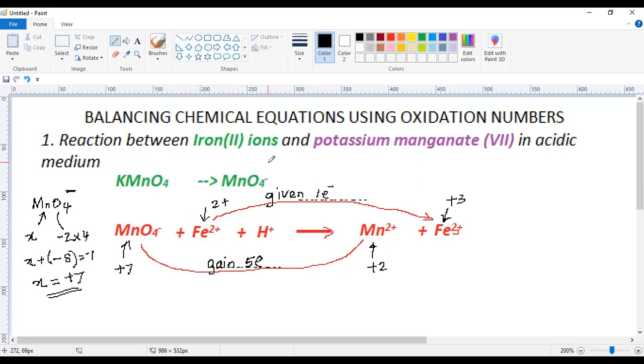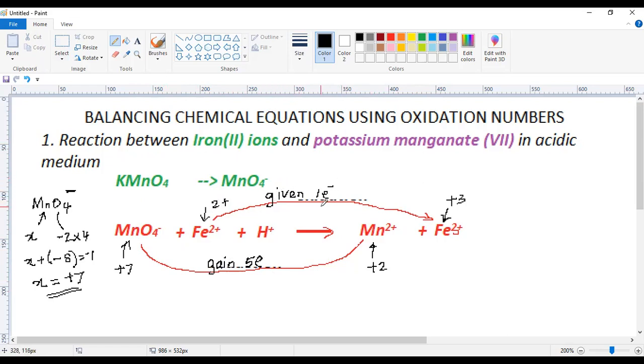So I modify this reaction a little bit to make the electron number taken and given equal. Because this one gains, MnO4 minus moving to Mn2 plus, gain 5 electrons, I have to make sure that Fe2 plus going to Fe3 plus also gives 5 electrons.